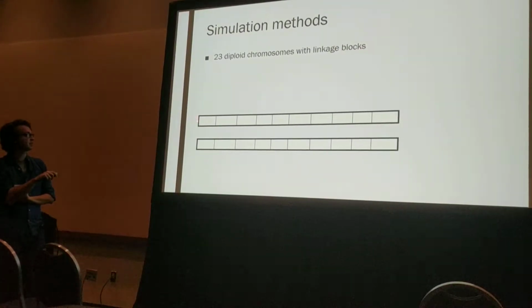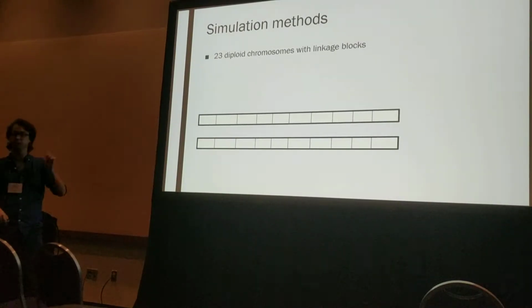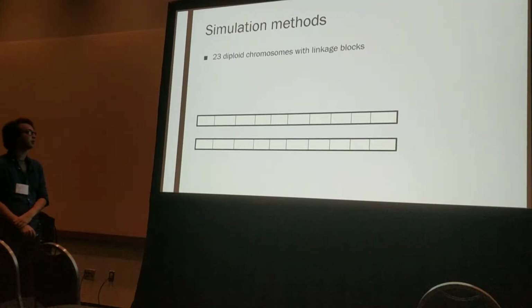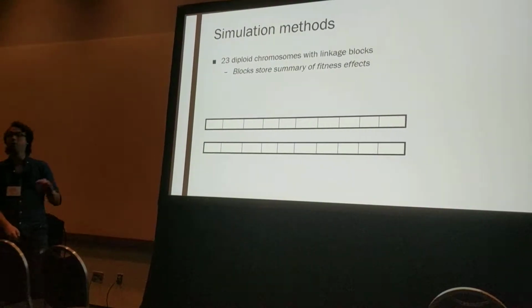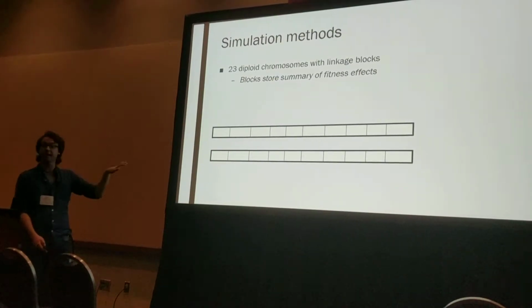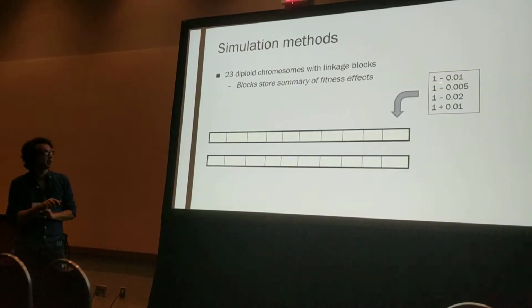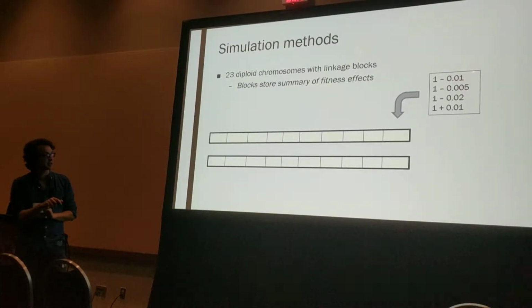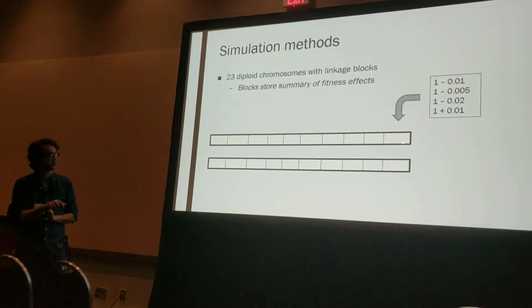The trick is that instead of simulating a bunch of individual base pairs, we lump parts of the chromosomes together into linkage blocks that are effectively non-recombining. All mutations that happen on a linkage block will be summarized together, and they'll all be passed on together. For example, I have a couple of deleterious mutations with effect sizes here and a single beneficial mutation, but they all happen on this one linkage block.